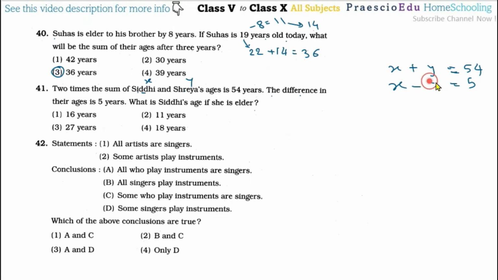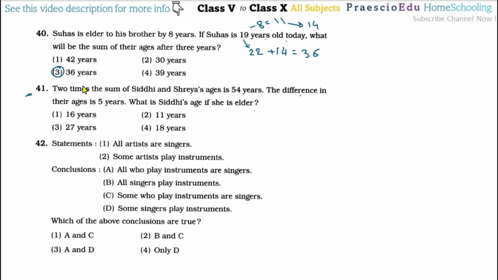So x minus y is 5. What is Siddhi's age if she is elder? Siddhi means x. We have formed x minus y because she is elder. Now, what is Siddhi's age? We will add the equations. So this is 2x and the plus and minus cancel, equals 50.